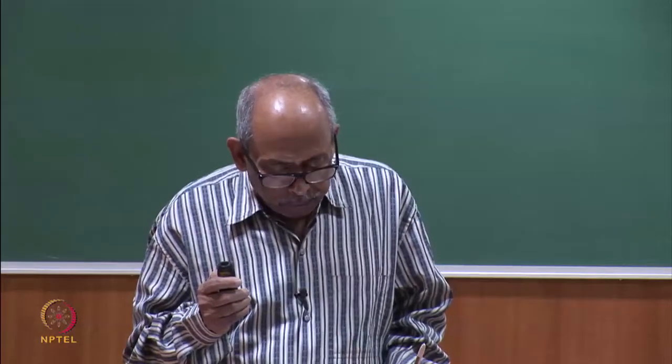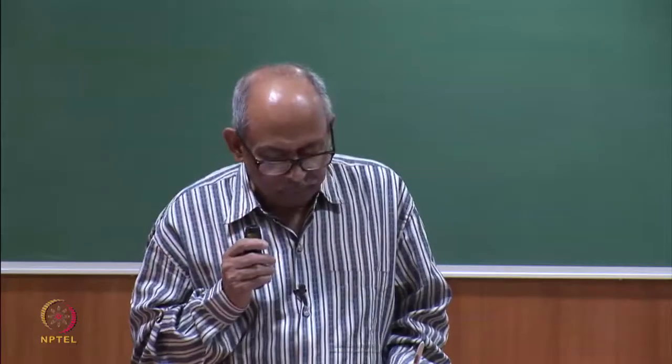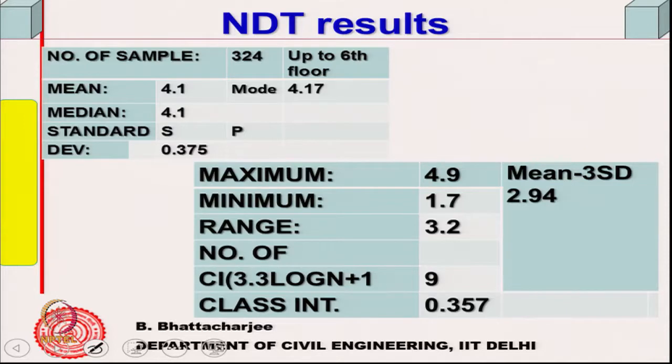So, standard deviation, for example, if you know the standard deviation is this, then up to the 6th floor, the mean, number of samples, etc. Basically the mean ultrasonic pulse velocity was 4.1, mode was 4.7, median was 4.1, which means it is all normally distributed.